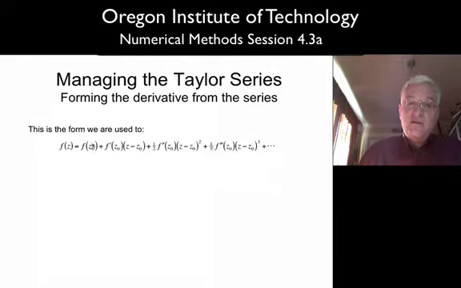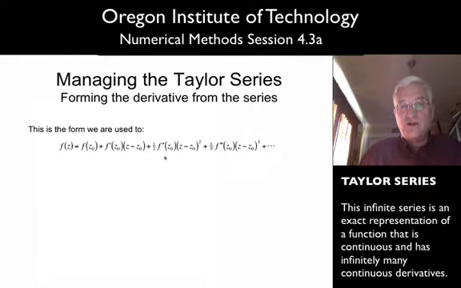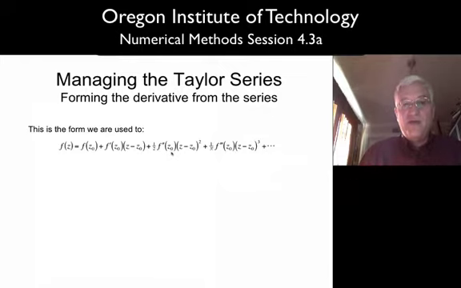If I take f of z naught plus the derivative at z naught times the deviation z minus z naught, that would produce the linear approximation of the Taylor series. Or if I wanted to go farther than that, I could get a quadratic correction term. I end up taking 1 over 2 factorial, which is just 1/2, times the second derivative evaluated at z naught. And I still take the same distance of z minus z naught, but I square it this time.